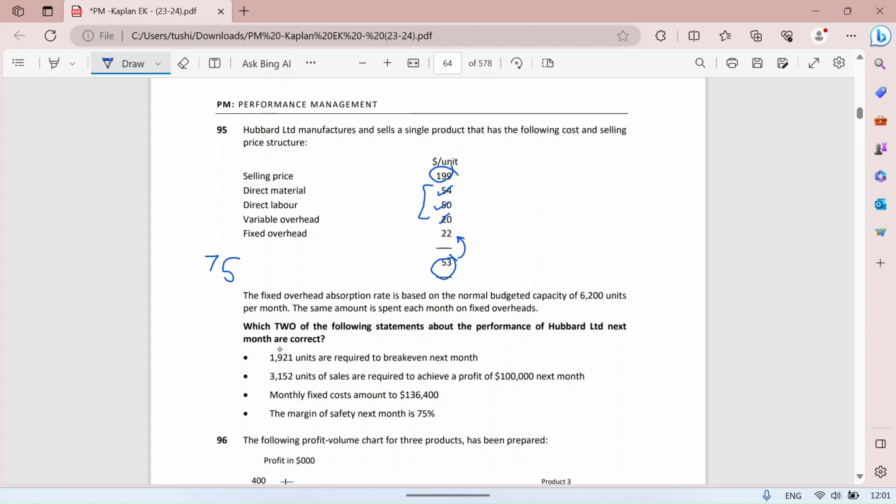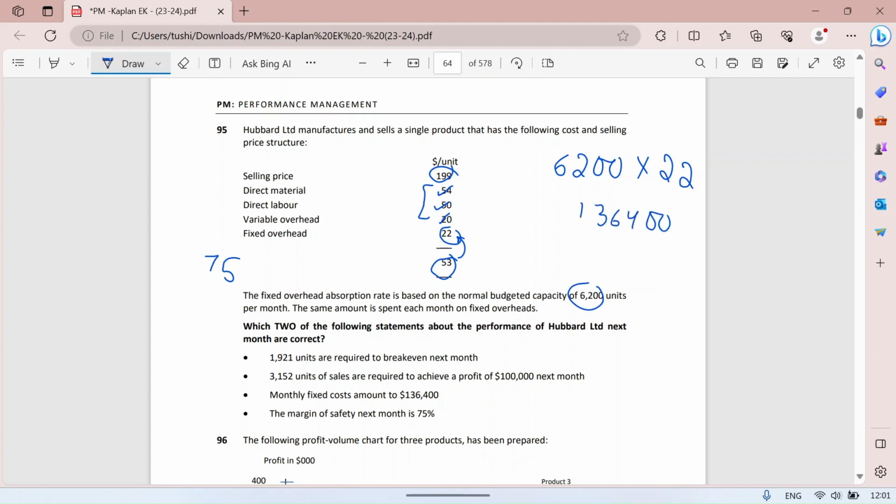Now I have to find out my fixed costs. It is mentioned that the budgeted capacity is 6200, and my fixed overhead per unit is 22. So if I multiply 6200 by 22, my fixed overheads are 136400.